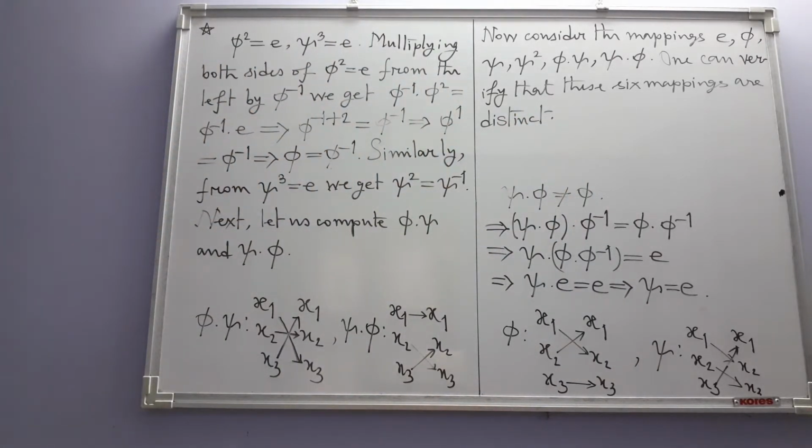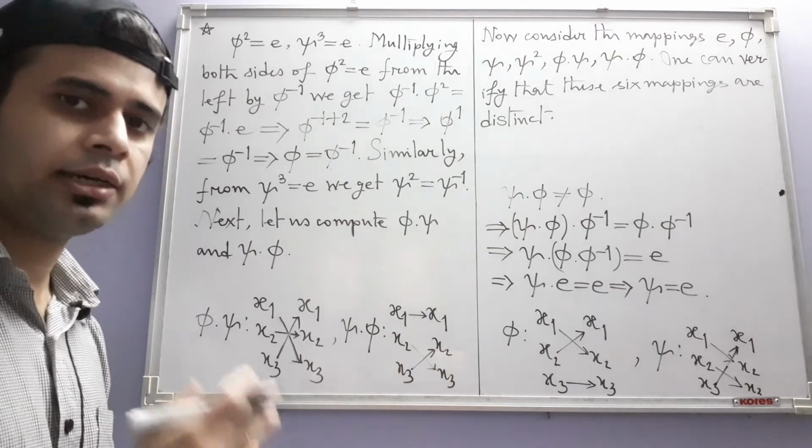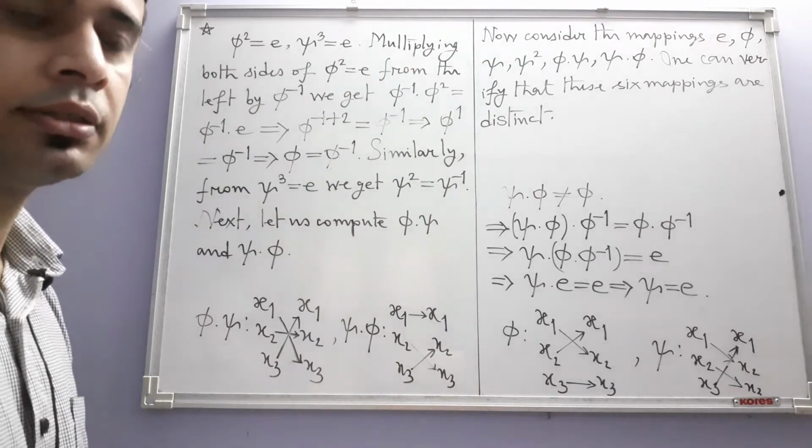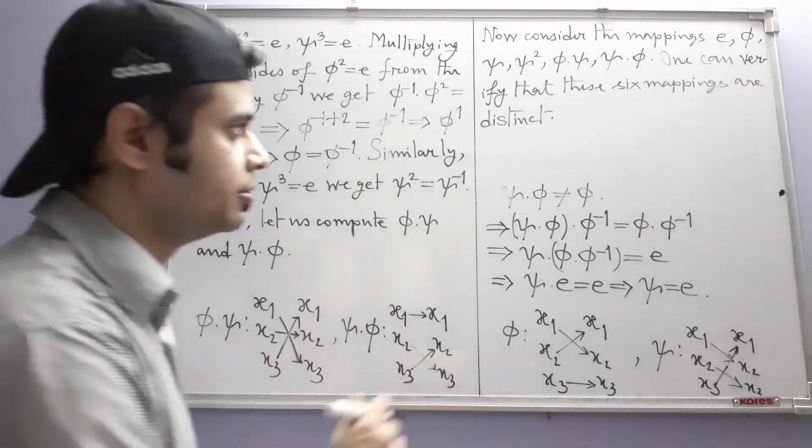But from the fact that G is closed under the binary operation, these 6 mappings must all of them be in S3. I mean by G I mean S3.